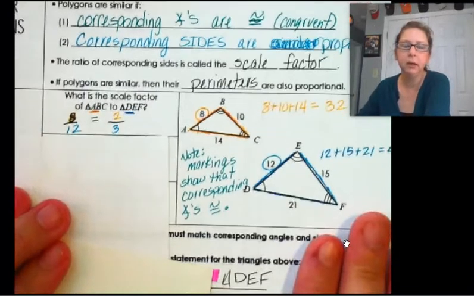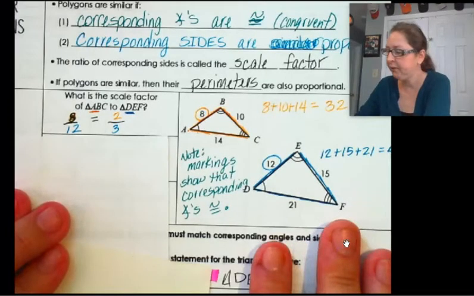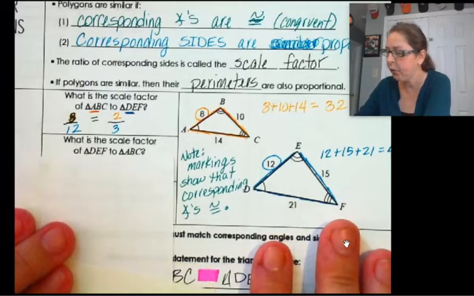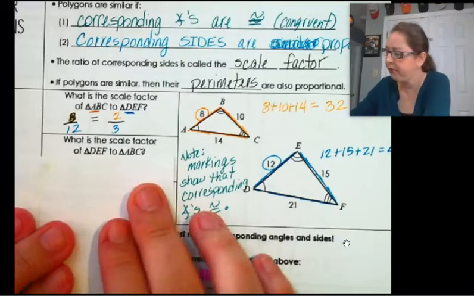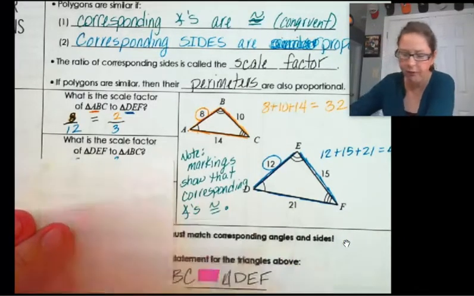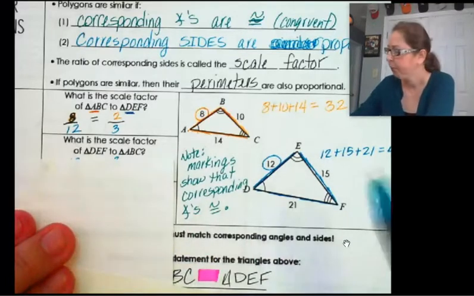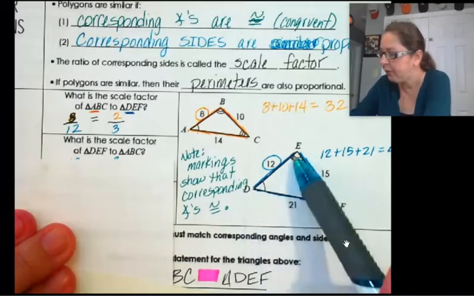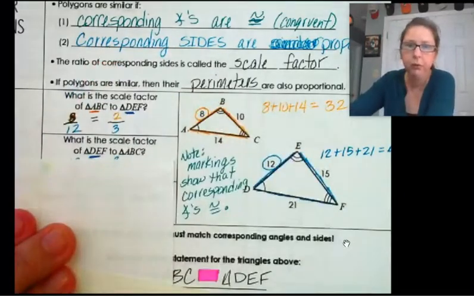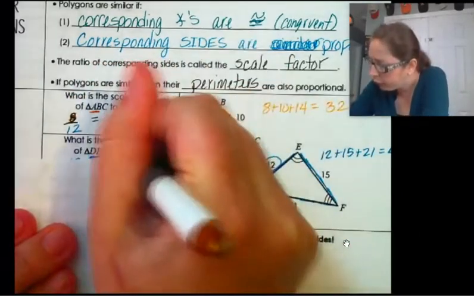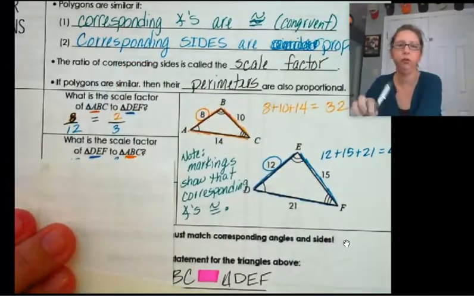Let's take a look and see if it's the same if we write it the other way around. What is the scale factor of DEF to ABC? So I'm using the same sides. So D and E, blue to orange.